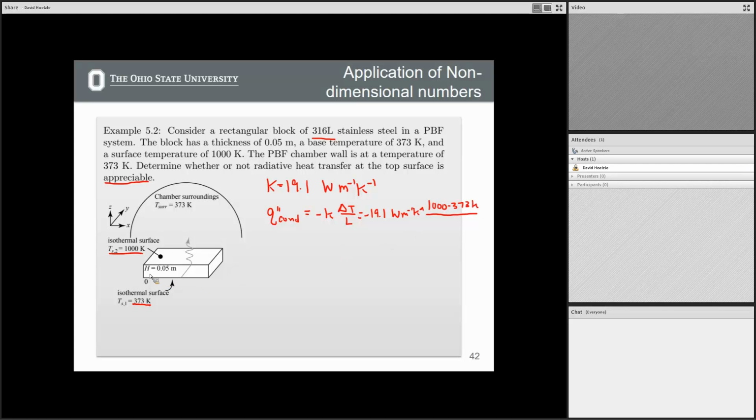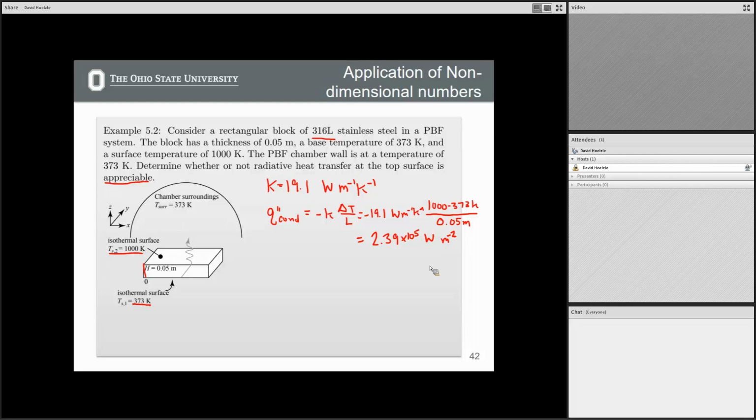We're saying that this block here is of height 0.05 meters, or 50 millimeters tall, right? All right, so this gives us a heat flux via conduction of 2.39 times 10 to the fifth watts per meter. Oops, not watts per meter inverse, watts meters to the negative 2, I mean.